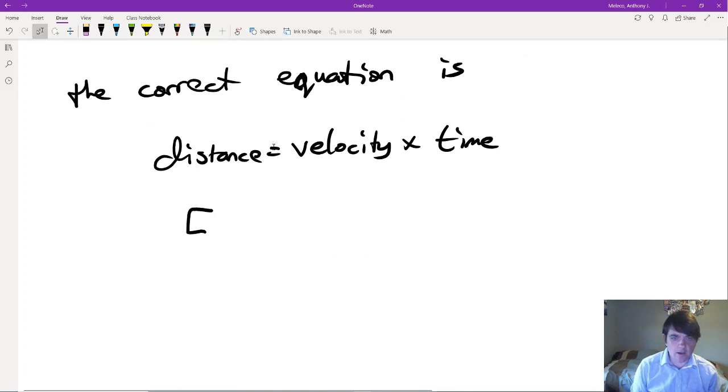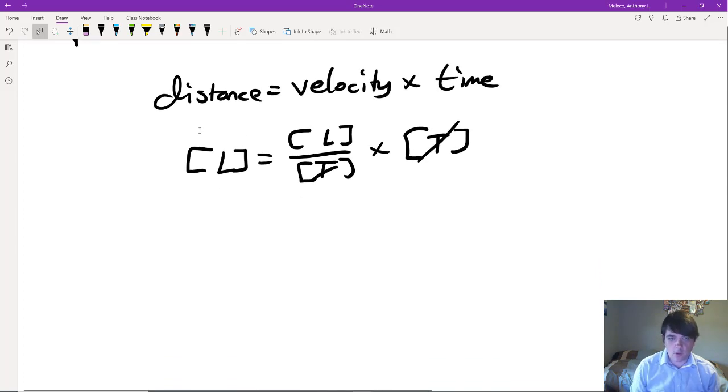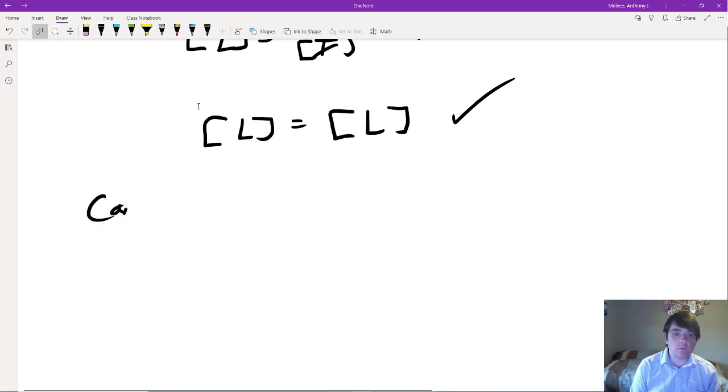So we would write L equals L per time times time. The times now cancel, and L equals L. And so it ends up working in that instance. Whatever your dimensions are on the left side, they have to be equal to the dimensions on the other side.